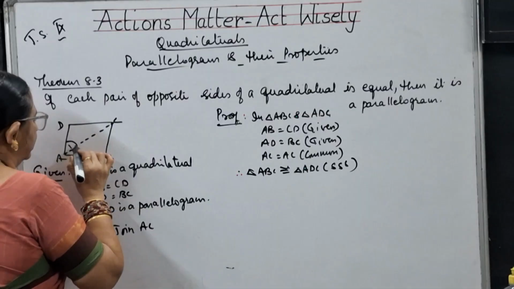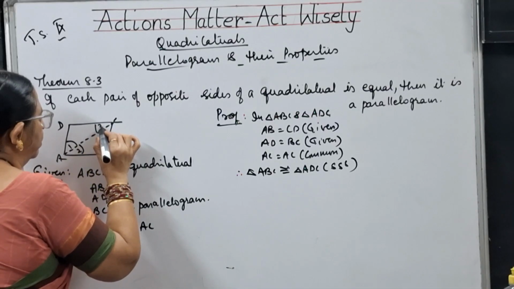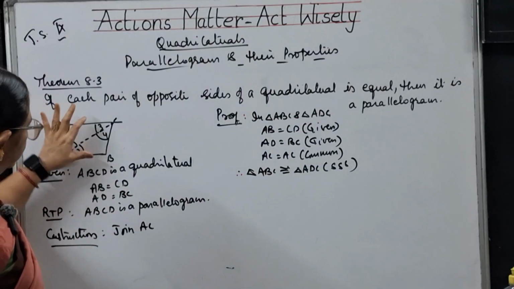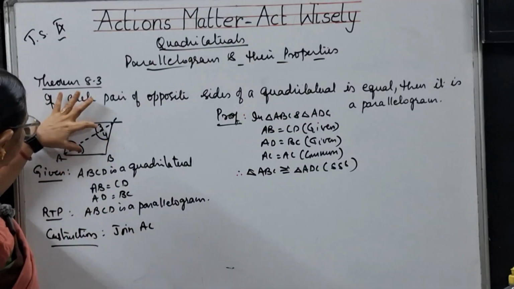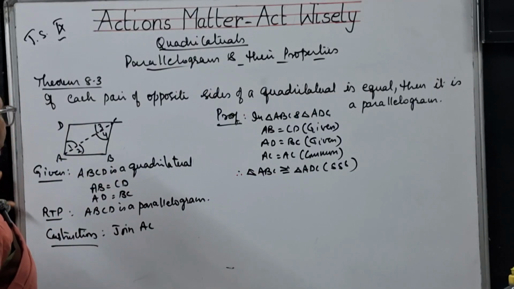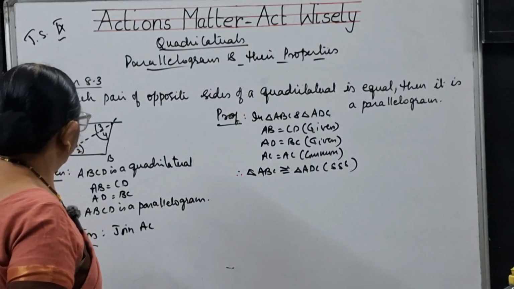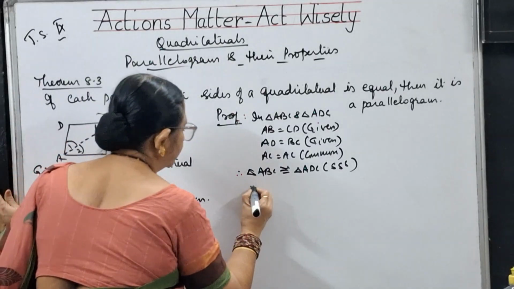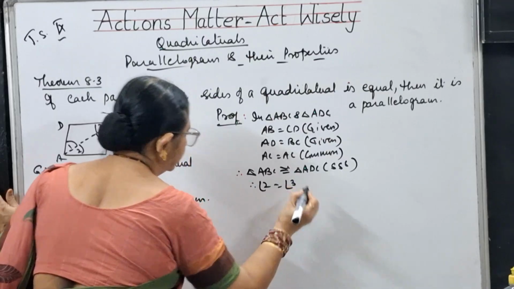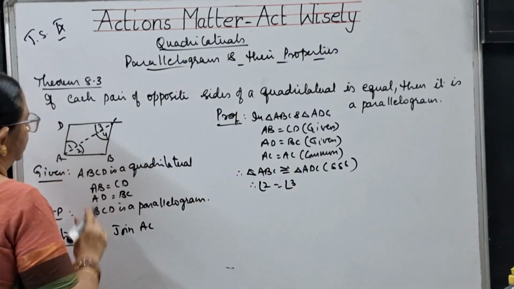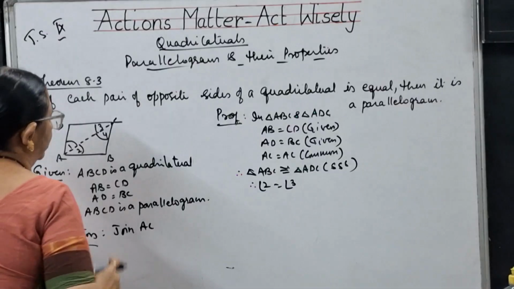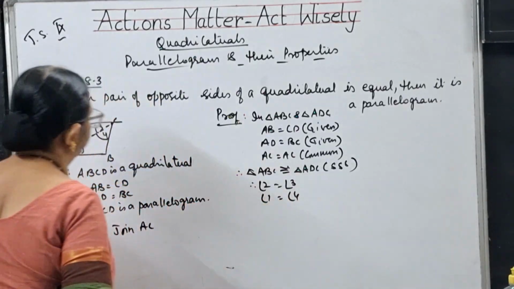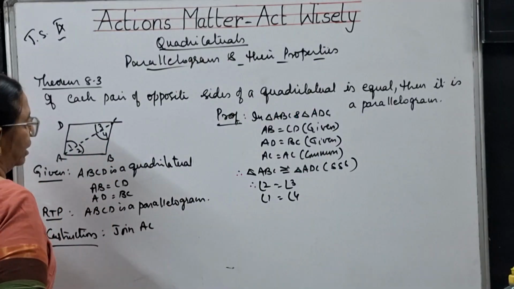So, let me once again take these angles, angle 1, angle 2, angle 3, angle 4. When two triangles are congruent, their corresponding sides are equal and corresponding angles are equal. So in that case, angle 2 is equal to angle 3. These are corresponding angles of these two triangles, as well as angle 1 is equal to angle 4. They are also corresponding angles.